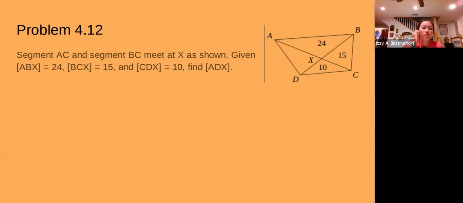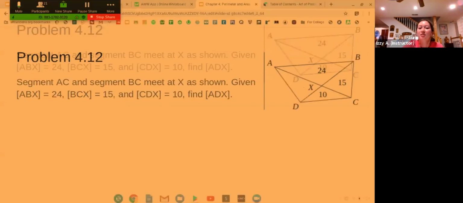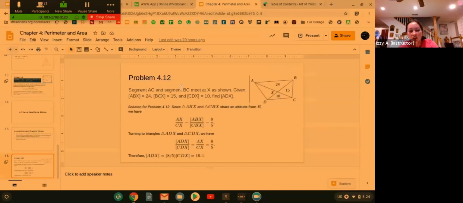Okay, so in problem 4.12, we see that segment AC and segment BC, BD, should say BD, not BC. I don't know why there are so many typos today. I apologize. Here, I'll fix this.